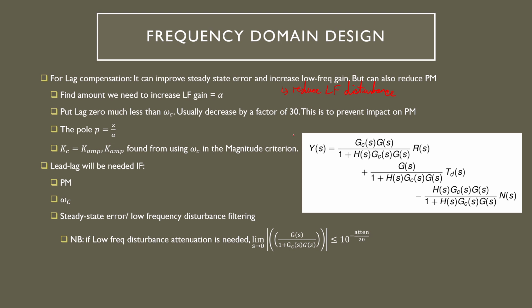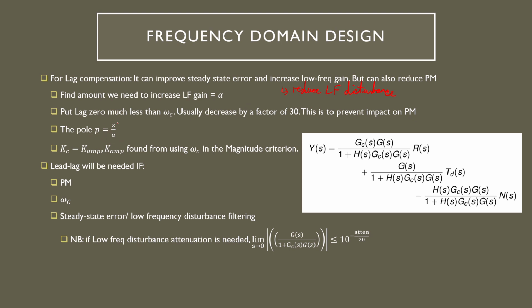So how do we do this? It's pretty simple. We first find the alpha that we need to increase the low frequency gain or reduce the low frequency disturbance. And we put the lag zero much less than omega c, usually omega c by 30. This is to prevent the impact on the phase margin. If you don't do this, the phase margin will crash, because remember, a lag compensator lags the system and reduces the angle. Then we can do a similar relation.